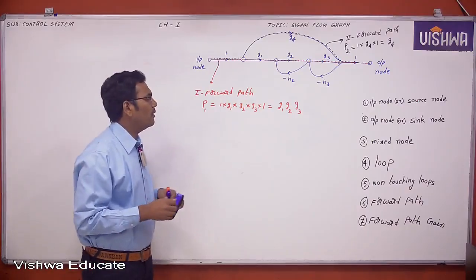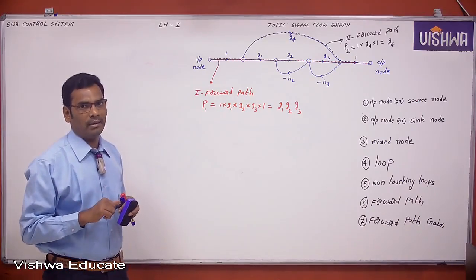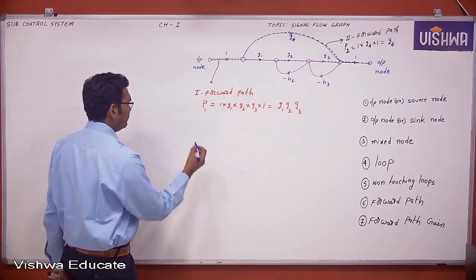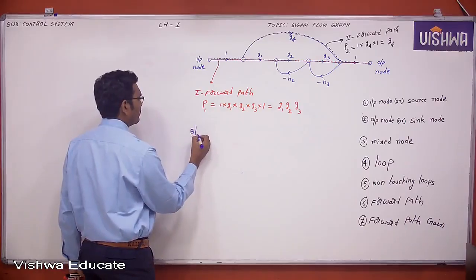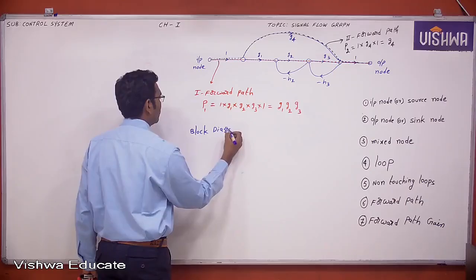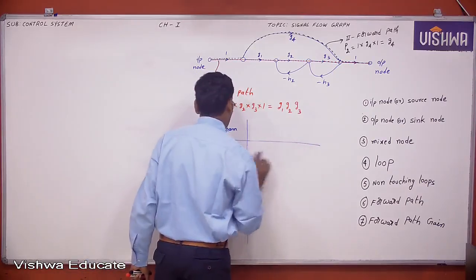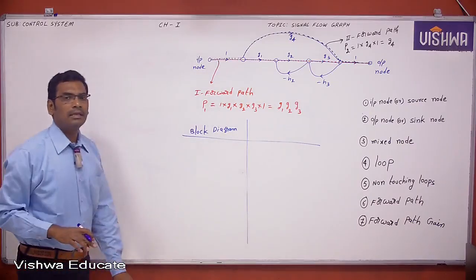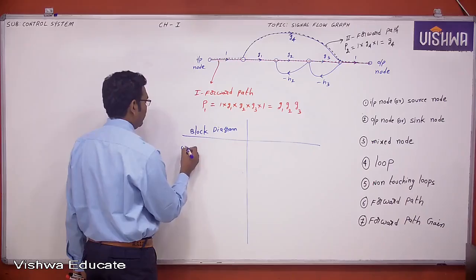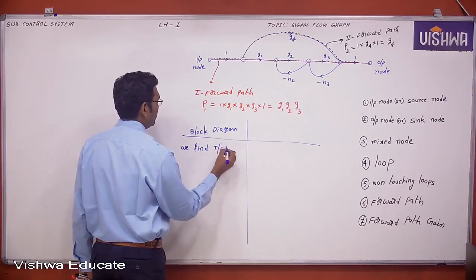Okay, now one advantage of the signal flow graph compared with block diagram reduction. So what is block diagram reduction? See here, in block diagram we find the transfer function, right? We find the transfer function.